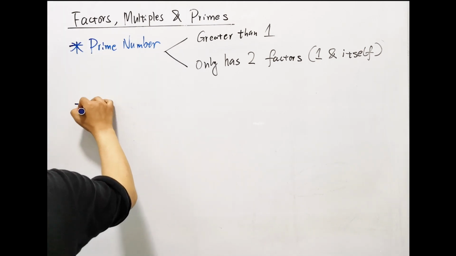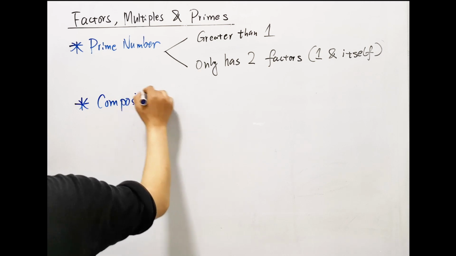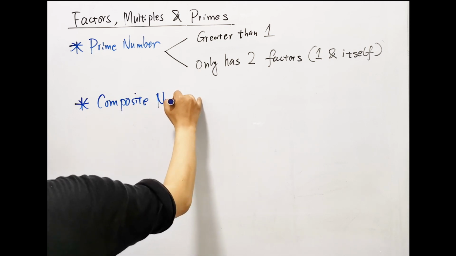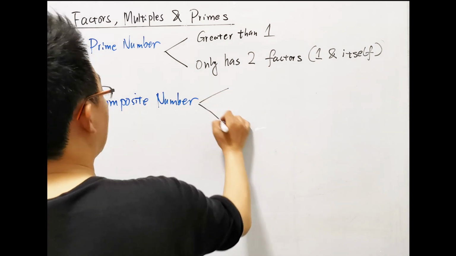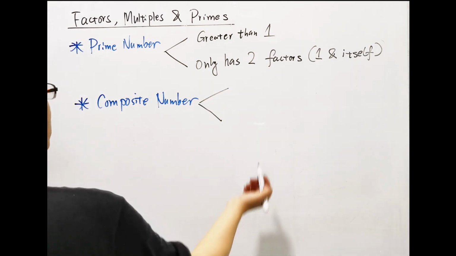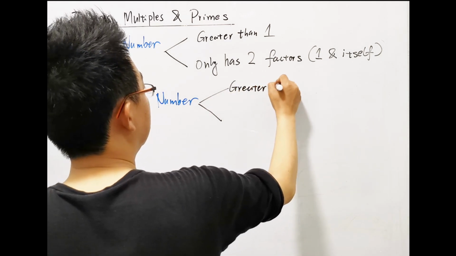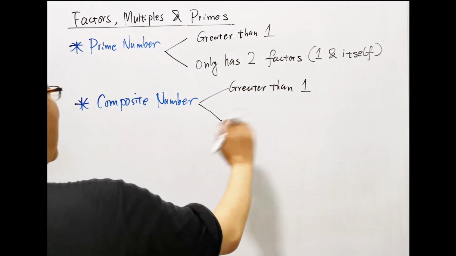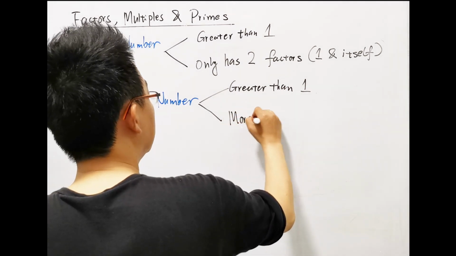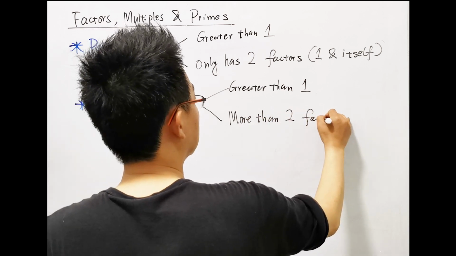And then what is the composite number? Composite number is also a whole number greater than 1, and has more than 2 factors.